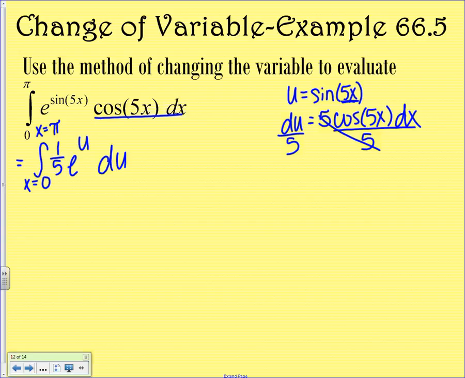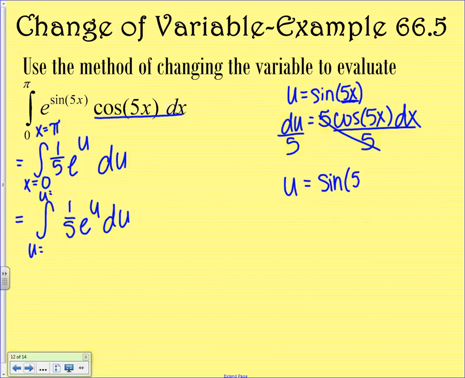So now we can actually integrate that. But before we integrate it, we're going to have to change our variables limit for our upper and lower limits. So I have 1/5 e to the u du. Now over here, when our x is 0, the sine of 5 times 0, well, that's the sine of 0, which is 0.